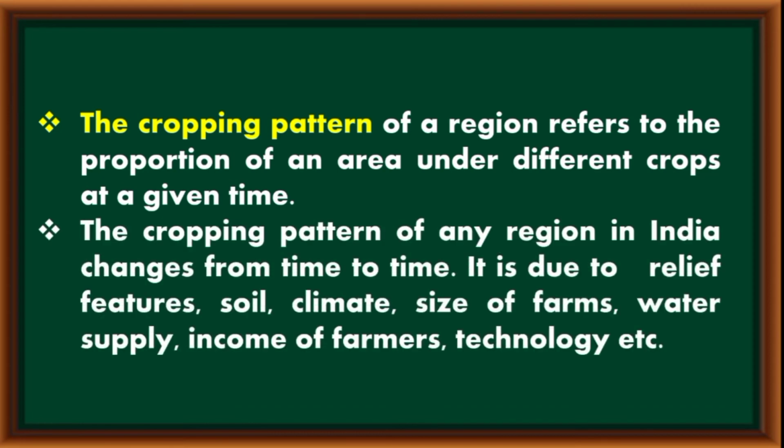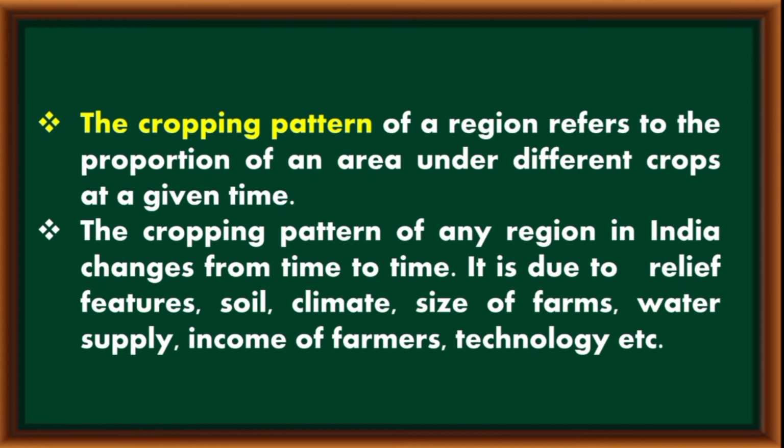The cropping pattern of any region in India changes from time to time. It is due to relief features, soil, climate, size of farms, water supply, income of farmers, technology, etc. These are all about the cropping pattern.